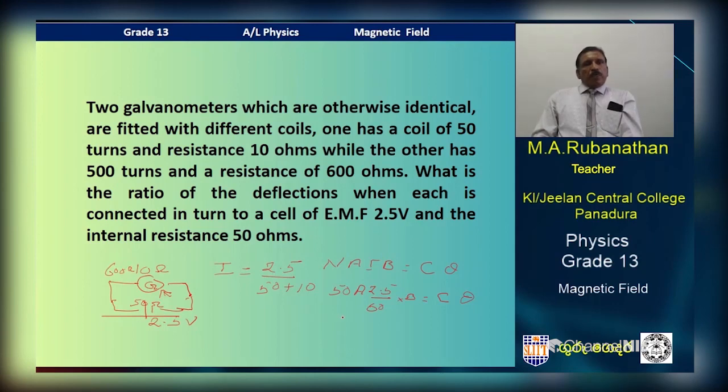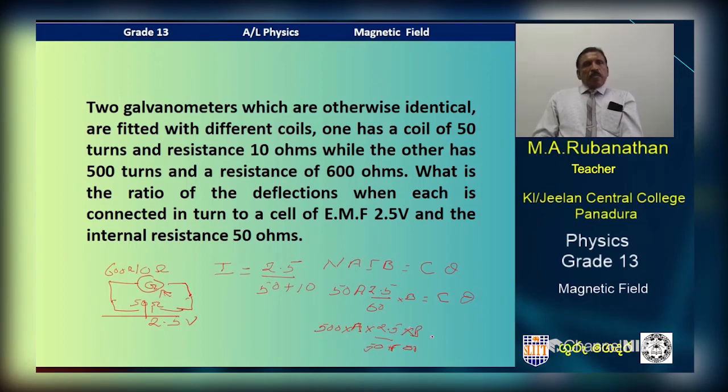Therefore, we write N is equal to 500, into A, the same as the earlier one, and the current is 2.5 over 50 plus 600, into B. B is the same because these two galvanometers are identical.